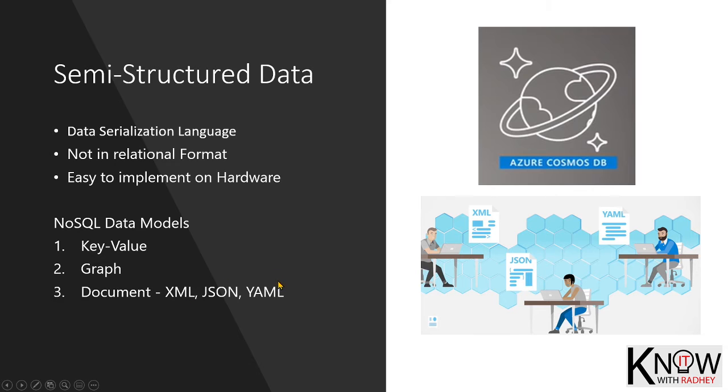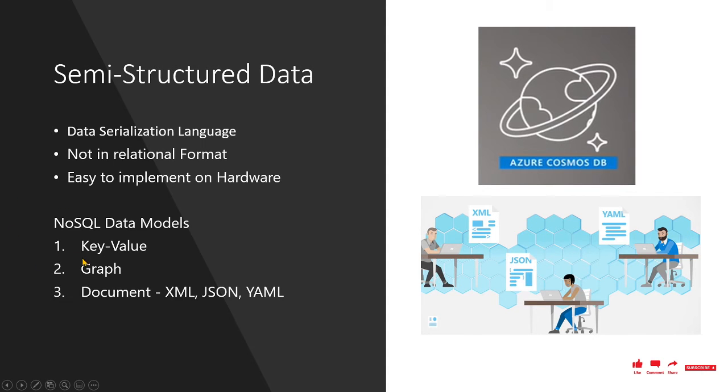So in terms of verbosity, XML has maximum, JSON has less than XML, and YAML has very minimum. But YAML is not that popular. The most popular is JSON. So in JSON format, your data will be stored.